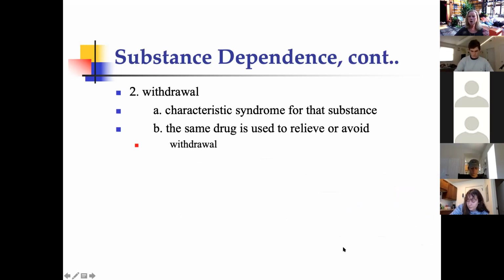Also within substance dependency, we are going to have withdrawal effects. And keep in mind, the withdrawal syndrome is going to be specific to the substance. And in this dependency situation, they keep using the same drug to either relieve or avoid withdrawal.